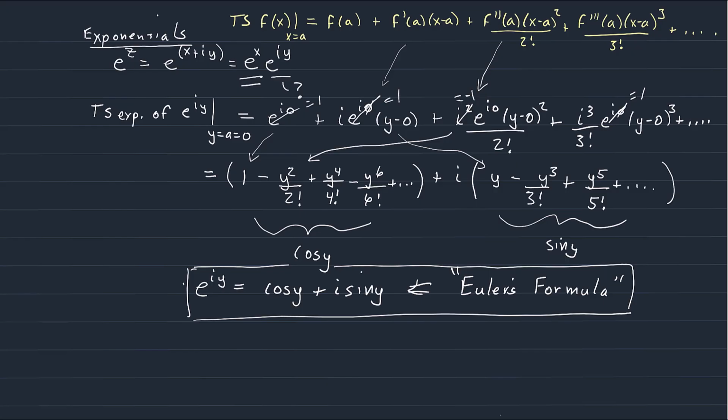So back to our problem of defining e to the z. That's e to the x times e to the iy, which we can write in terms of cosine and sine using Euler's formula.